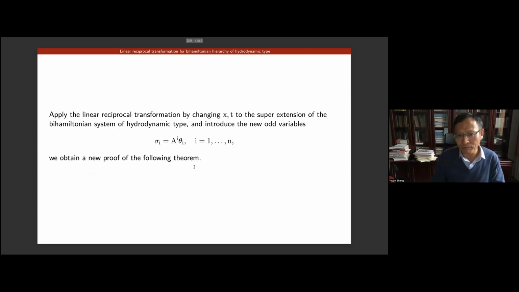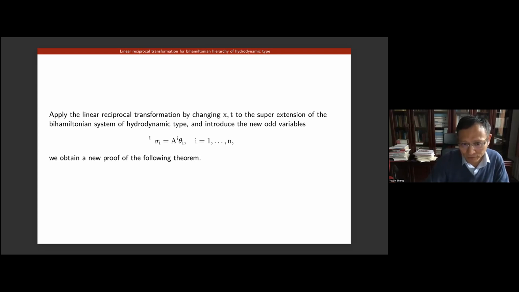Then by using this property, we can consider the reciprocal transformation acting on this kind of bihamiltonian system of hydrodynamic type. We can consider its super extension, perform the reciprocal transformation on this super extension, and study its existing bihamiltonian structure.